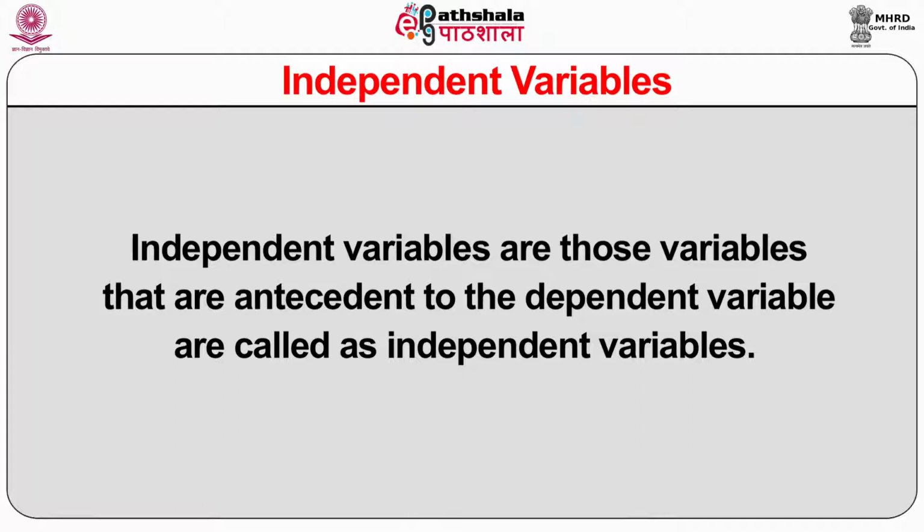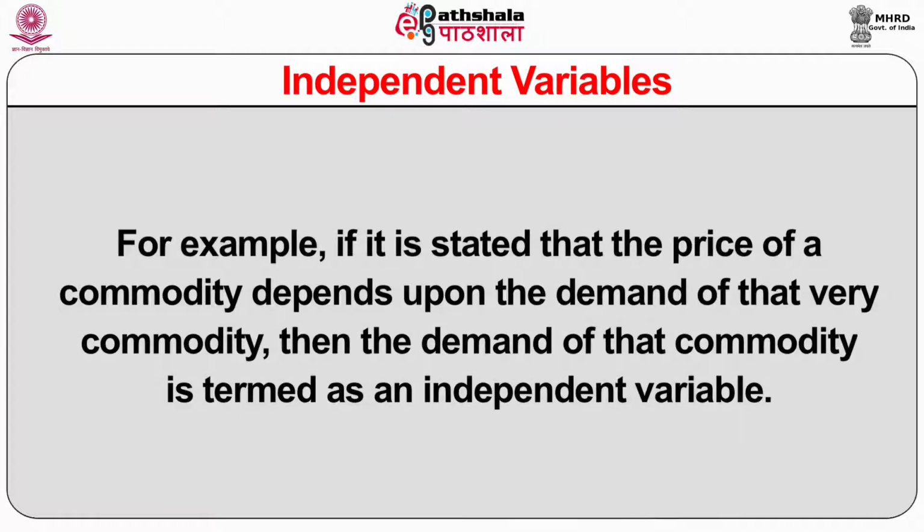For example, if it is stated that the price of a commodity depends upon the demand of that very commodity, then the demand of that commodity is termed as an independent variable. Further, if the price, being dependent upon demand, also depends upon the availability and tastes of the customers, then the price remains a dependent variable and all other factors become the independent variables.